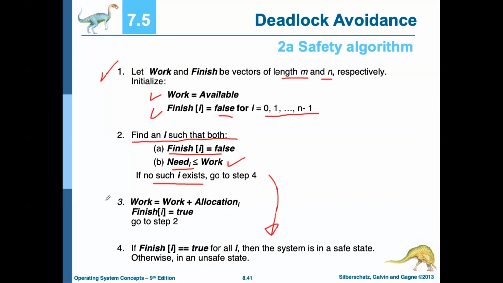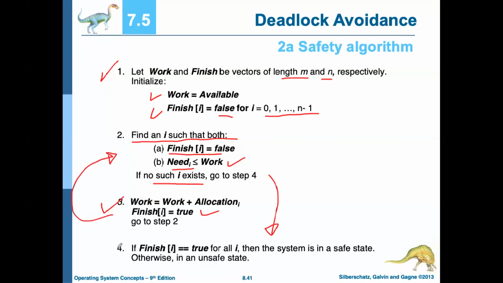Next, the third step: Work equals Work plus Allocation[i], and Finish[i] equals true, then go to step 2 and repeat.